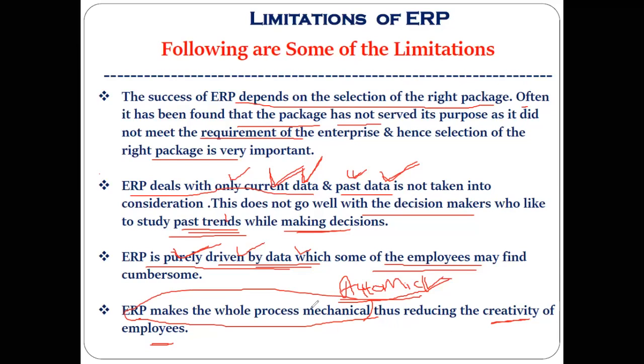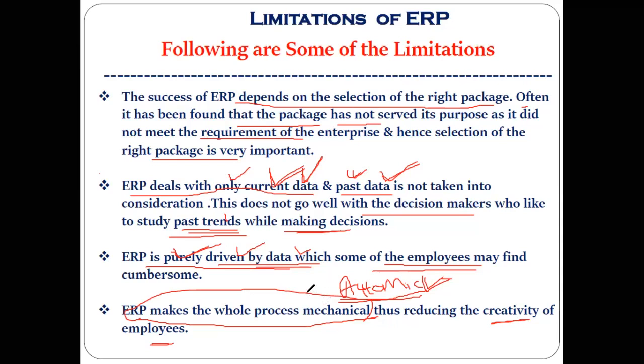Means what? If all the data processing is going to happen automatically, then decision making also, you are going to make the decision according to the suggestion that you are going to get from the ERP. Then it will directly affect the thinking power of the employee. Understood.